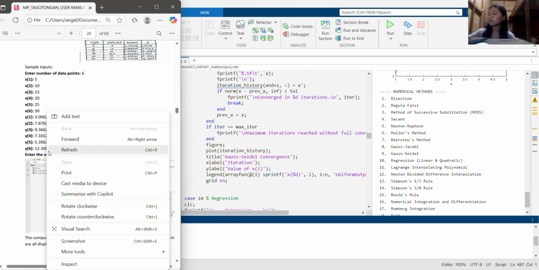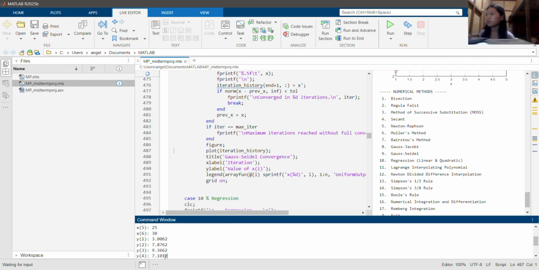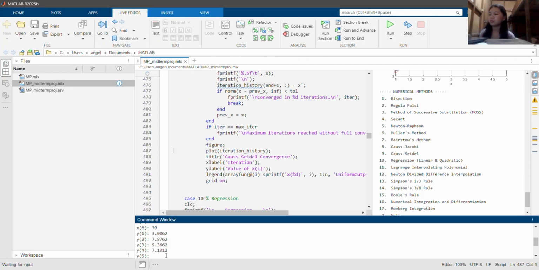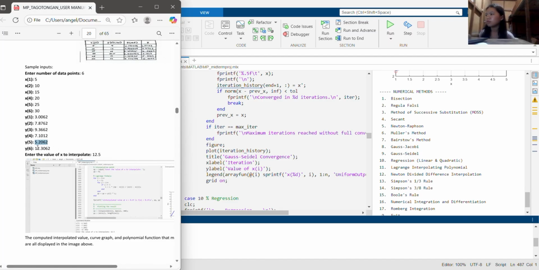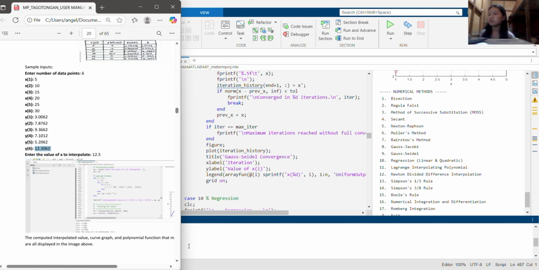And then y sub 3, y sub 4, y sub 5, and 6.